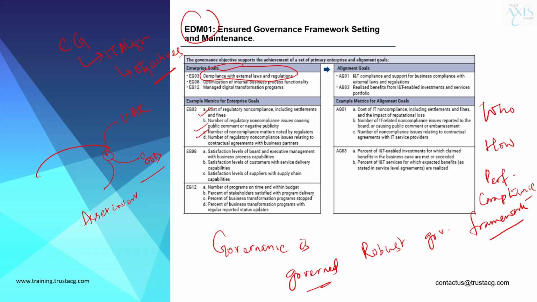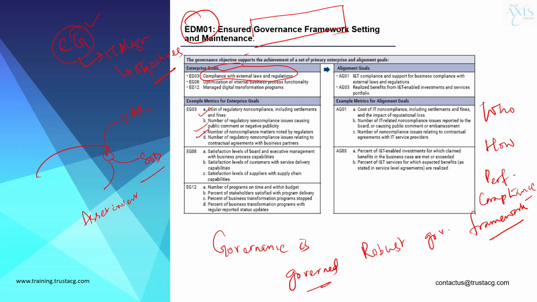Since we are talking about the governance objective EDM01, which deals with ensuring that you have a governance framework in place along with it being maintained, it allows you to eventually achieve the enterprise goal related to compliance with regulatory requirements or the guardrails.